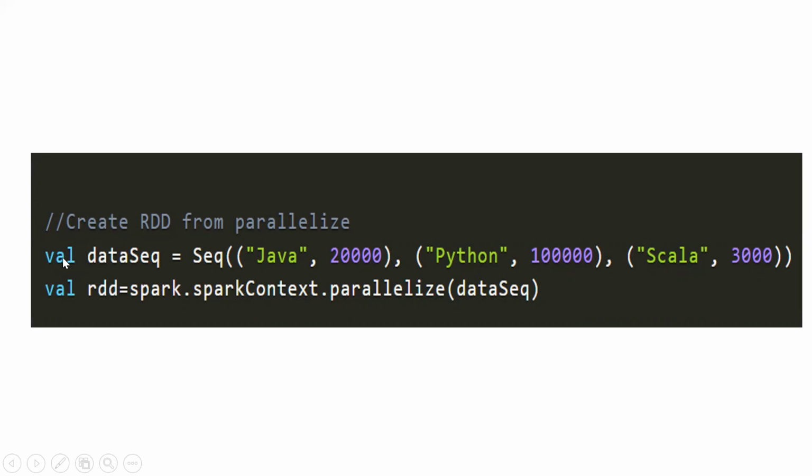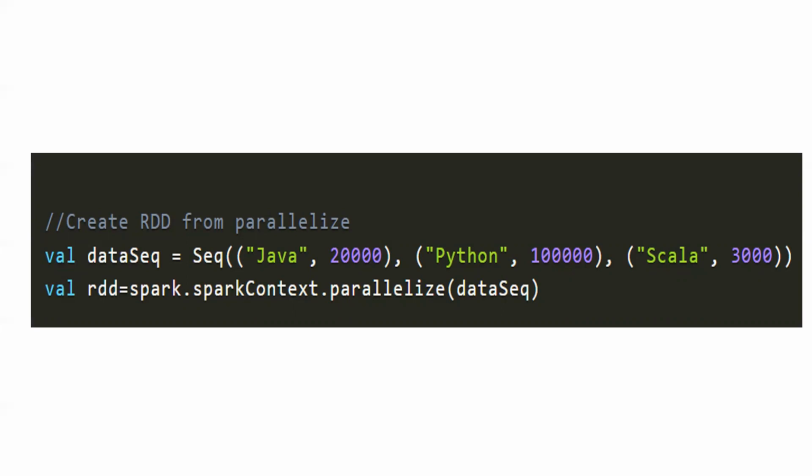There are two kinds of declarations in Scala scripting, one is var, another one is val. Var is a variable, which we can vary while running the program. But val cannot be varied. I cannot assign another value on top of data sequence because I have already declared it as val.